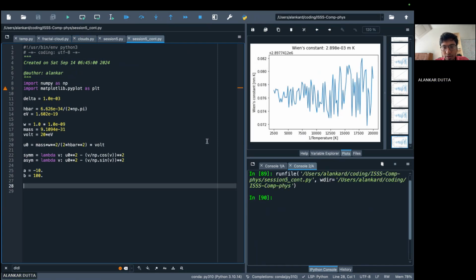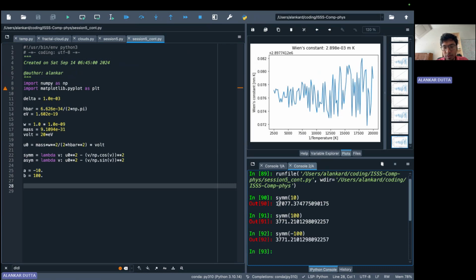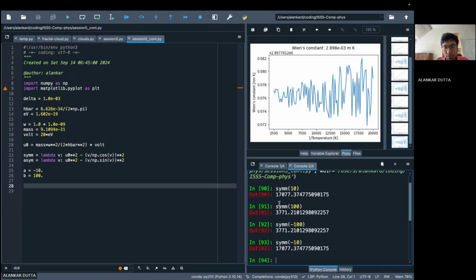So it's running this code so that these functions get registered. And let's try with the sim of 10, right? It gives you a positive value, and sim of 100 also positive, and sim of minus 10.